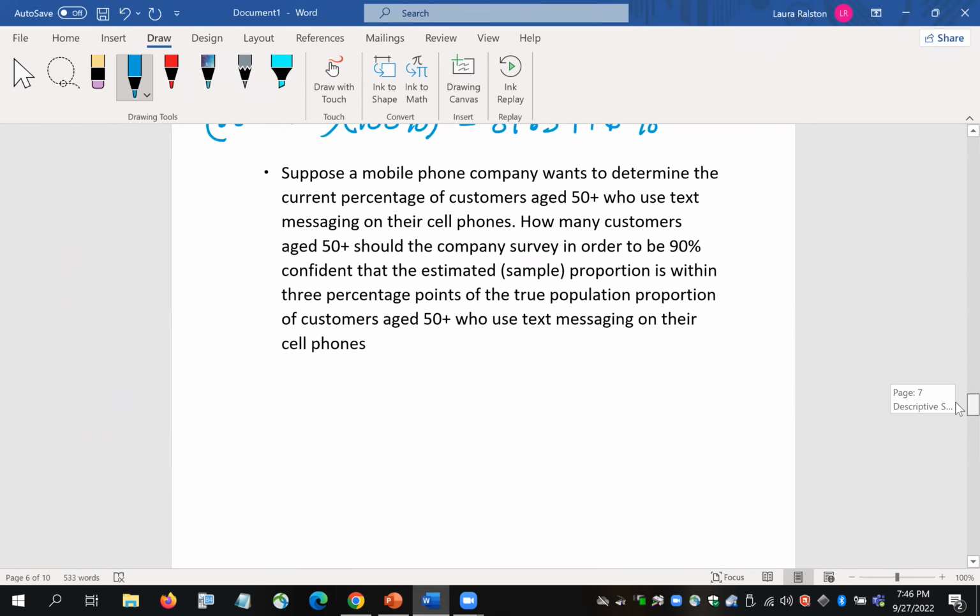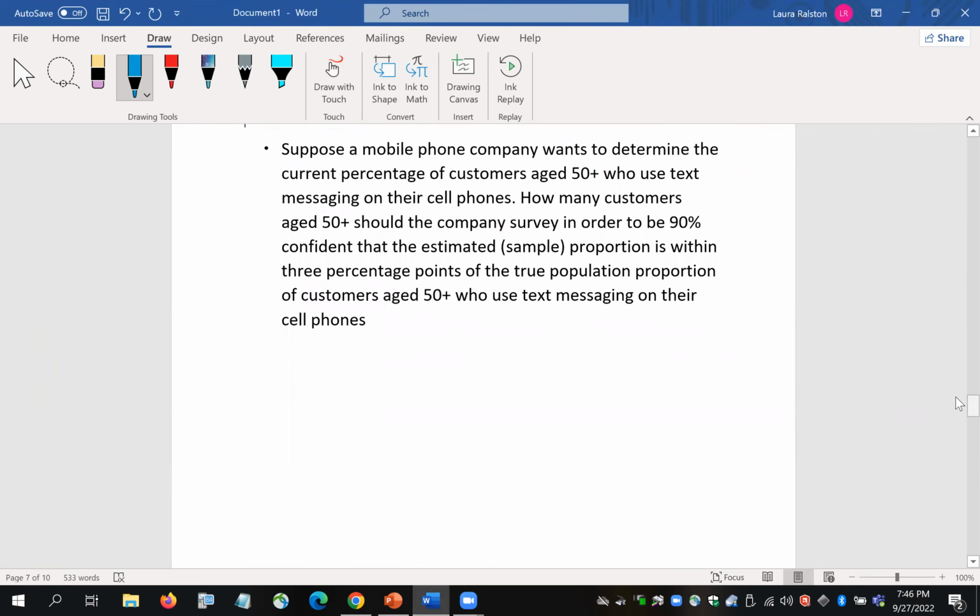So the problem says, suppose a mobile phone company wants to determine the current percentage of customers aged 50 or older who use text messaging on their cell phones.